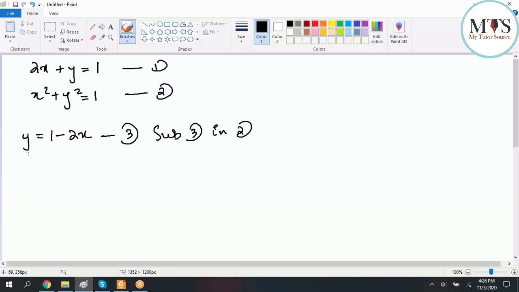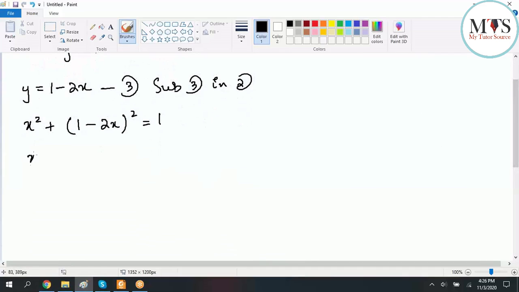So it becomes x squared plus 1 minus 2x whole squared equals 1. Now we have an equation which only contains one variable. It's going to be easier to solve this. So x squared plus, okay, how would we expand 1 minus 2x whole squared?